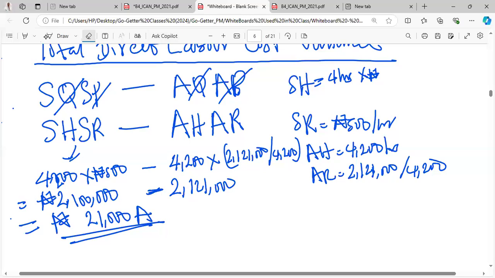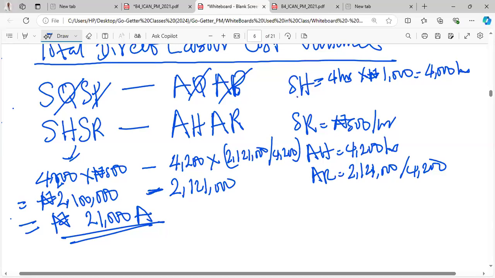So times 1,000 units is supposed to give me 4,000 hours. Why am I putting naira? It's going to be 4,000 hours. This is the active hours.